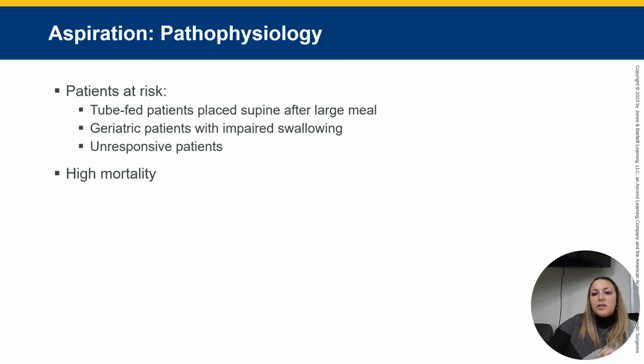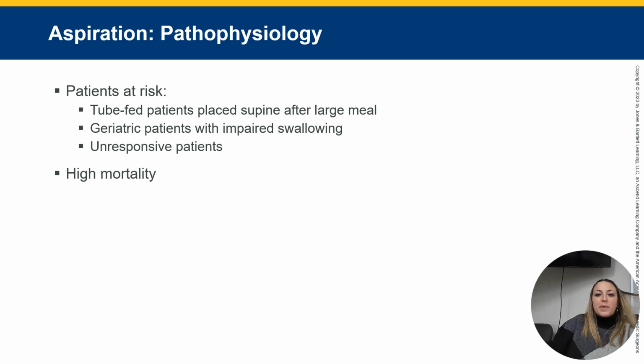Some other patients that are specifically more prone to aspiration are your tube fed patients. After a tube feeding, they need to sit upright, not supine, after they get fed. If they're placed in a supine position, like on their back or laid down, they have the risk of aspiration then.